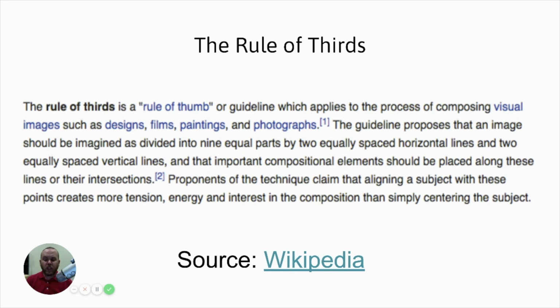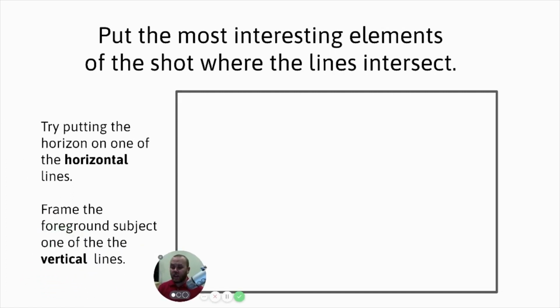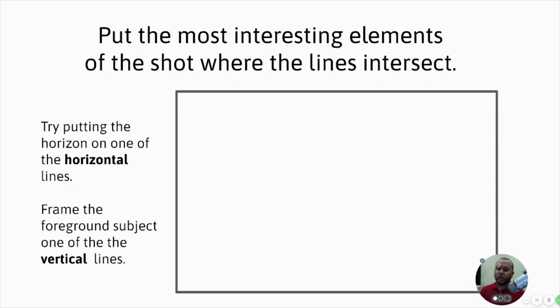So when you first start thinking about the rule of thirds, just think about not having your subject right smack in the middle of the frame, but instead having them along one of the 2 vertical lines in your picture. Okay, so you're going to put the most interesting elements of the shot where the lines intersect. And you want to frame the foreground of the subject on one of the vertical lines if you can.